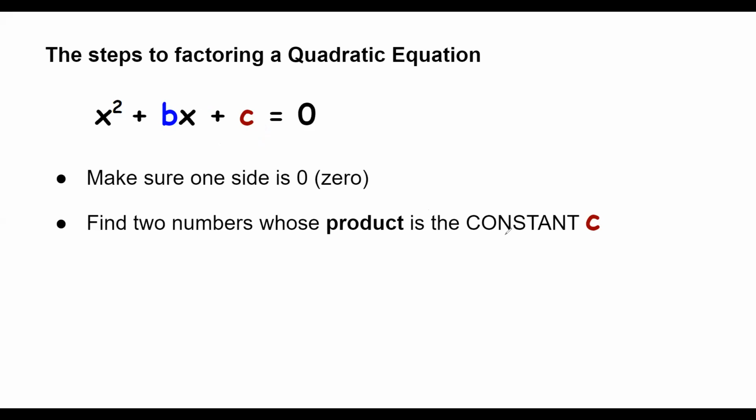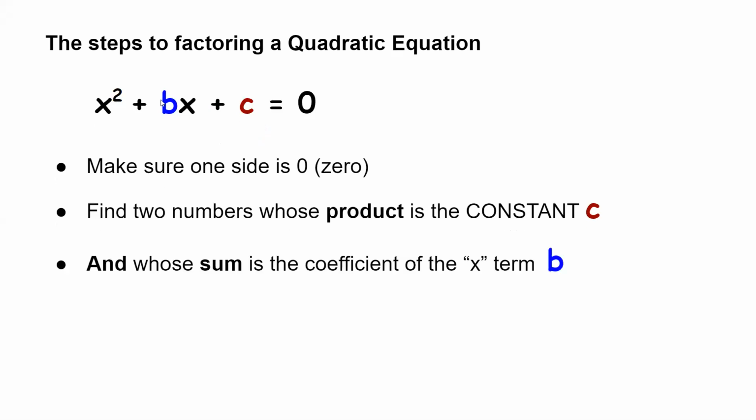Now, after we find those two numbers, we want to check to see, do they add up to B? Is the sum of the two numbers that we found in the first part add up to B? If not, we need to find two more numbers. This is a process of trial and error.